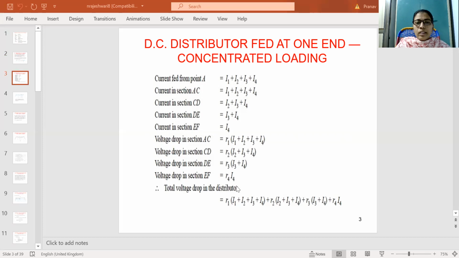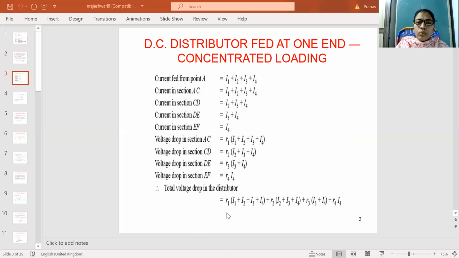The total voltage drop in the distributor is given by the sum of the voltage drops in all four sections. So the total voltage drop is equal to the voltage drop in section AC plus section CD plus section DE plus section EF, which is R1 into (I1 plus I2 plus I3 plus I4) plus R2 into (I2 plus I3 plus I4) plus R3 into (I3 plus I4) plus R4 into I4.